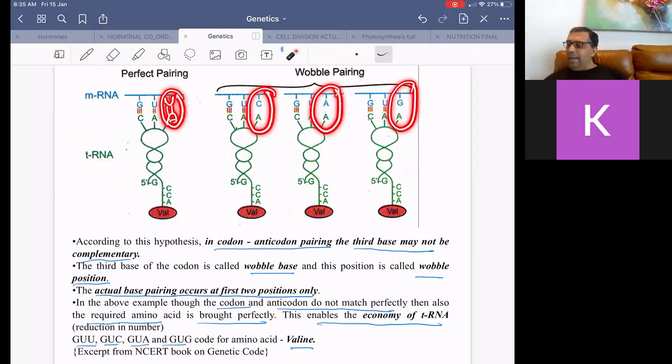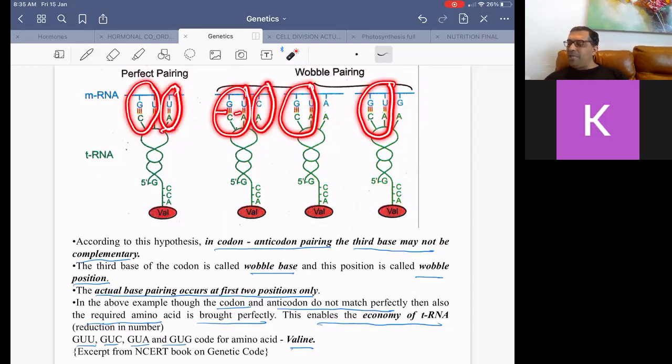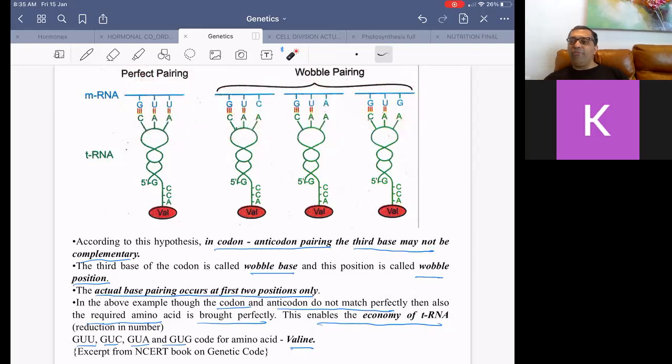So only pairing between the first and second nucleotide has to be specific. First and second nucleotide का pairing specific होना चाहिए. Third nucleotide may be specific or may not be specific. चलता है, and if it is specific, it will pair.